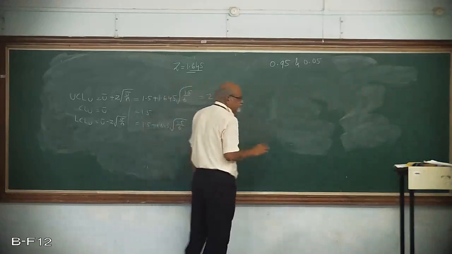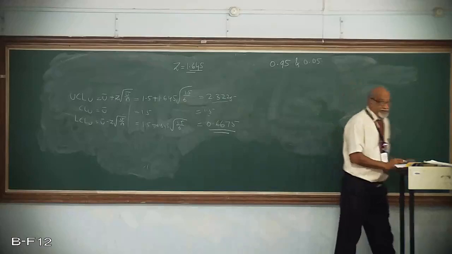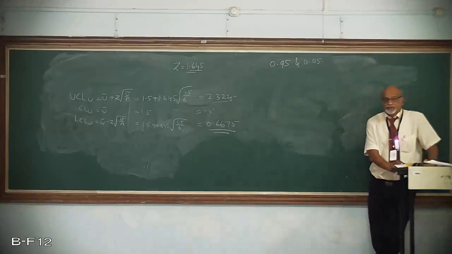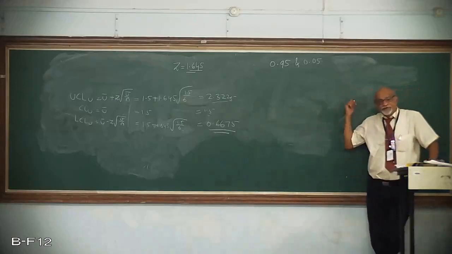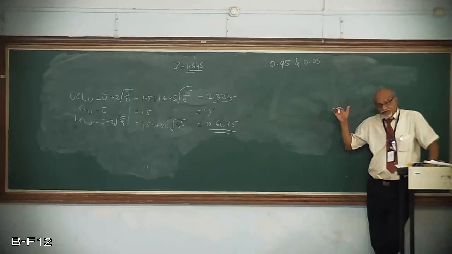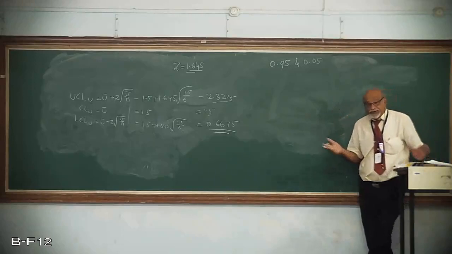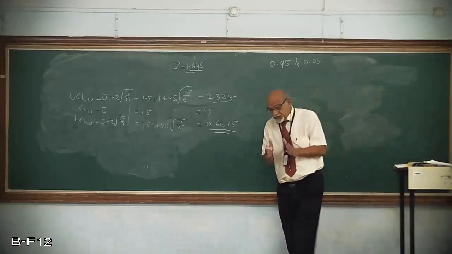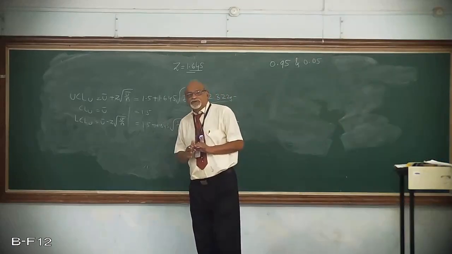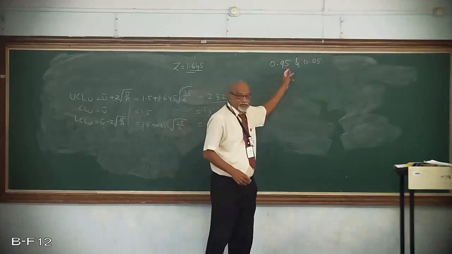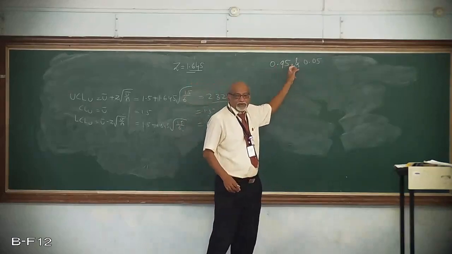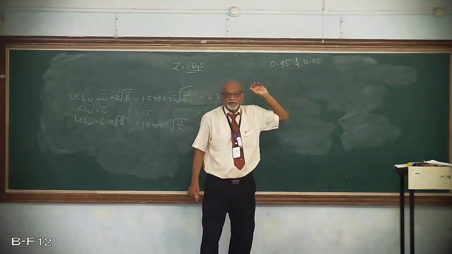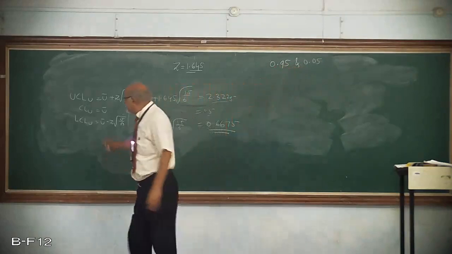That is how it should be calculated. So you understand what is meant by probability control limits and how in reality they need to be transferred. Because in the 3 sigma limit, the Z value is 3. Here it is not 3 sigma; in probability control limits, the Z value goes on changing depending on this. That is all the difference.